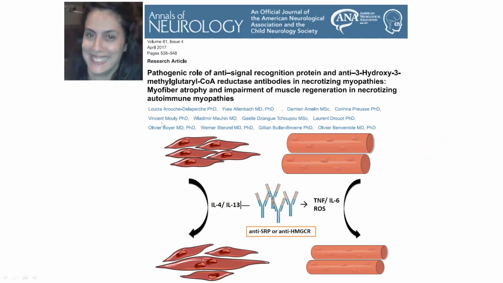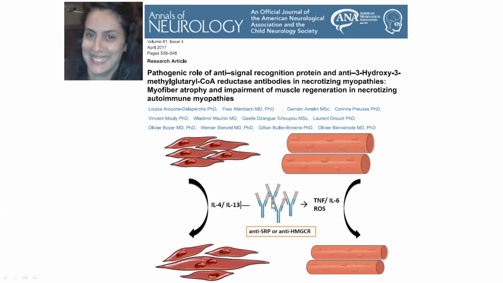Furthermore, Louisa Arouche in our lab also performed experiments with in vitro cell culture of healthy donor myoblasts that you can fuse to make myotubes. If you add anti-SRP or anti-HMGCR, you can observe that we cannot have the fusion of the myoblasts to form the myotube, because it blocks two very important myokines, IL-4 and IL-13.